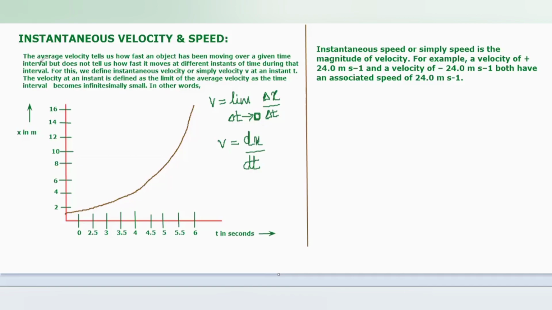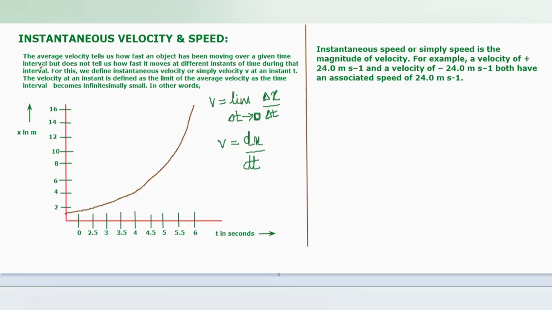Previous topic, the average velocity tells us how fast an object has been moving over a given time interval, but does not tell us how fast it moves at different instants of time during that interval.